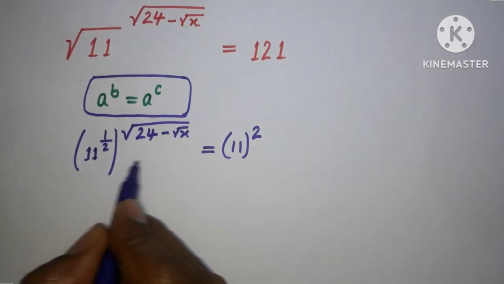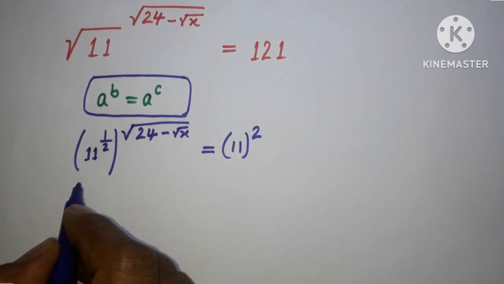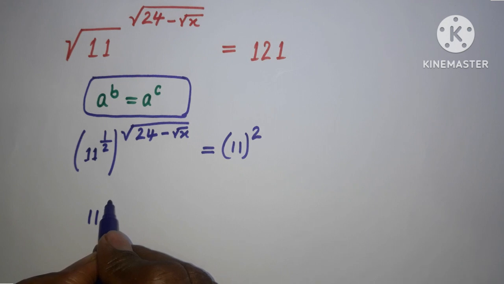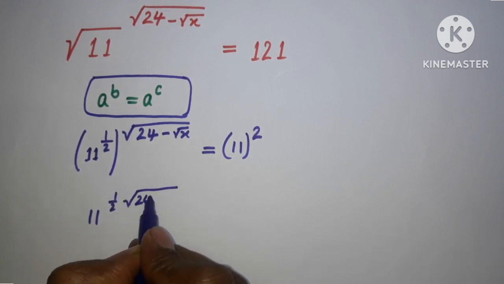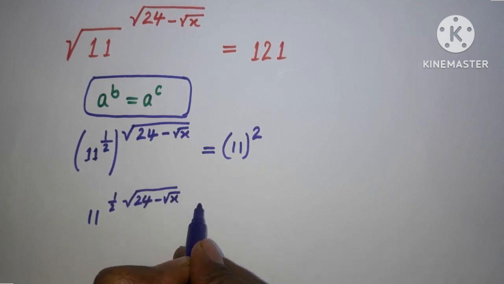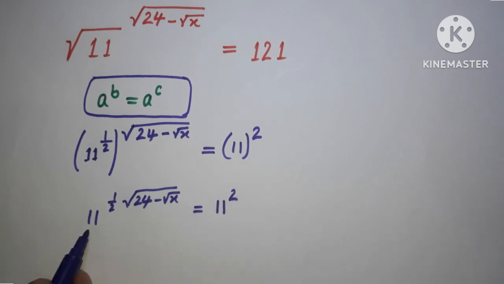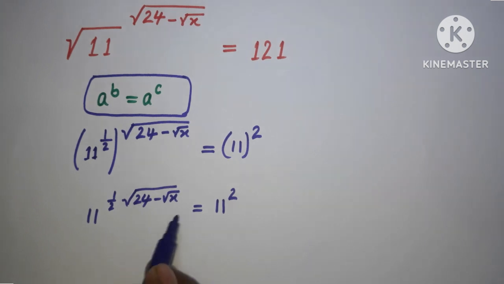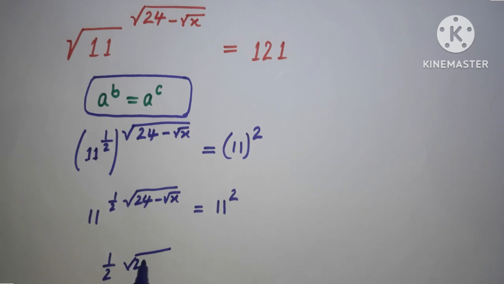Here the bases are the same, and this power and this power will multiply together, so we write 1 upon 2 into root under 24 minus root under x, equal to 11 square. Since the bases are the same, their exponents will be equal, so I'm just going to equate their exponents. Here 1 upon 2 root under 24 minus root under x is equal to 2.